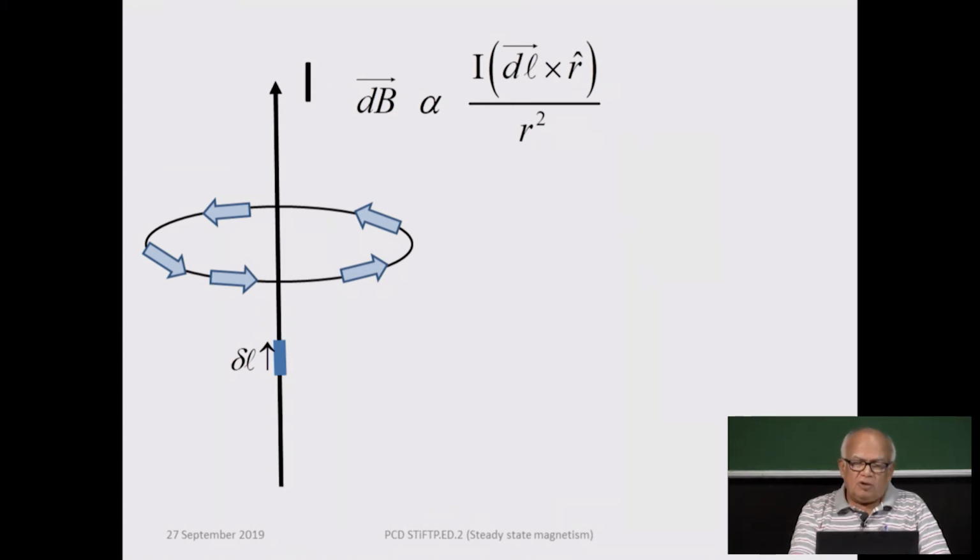It also depends on the size of the segment that you are talking about. So, it will be proportional to delta L itself, and dL cross a unit vector will give you the correct direction of the magnetic field, which was sort of known from the right hand thumb rule. I believe Fleming's, is it? I think it is called Fleming's right hand thumb rule.